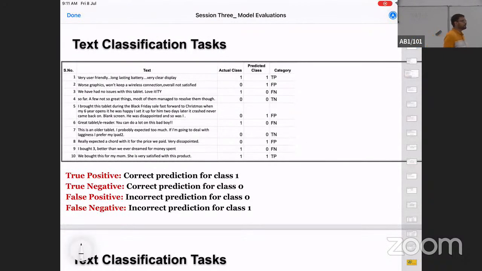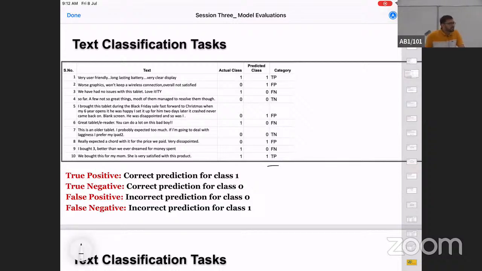Were you told about computing metrics like precision, recall, accuracy, F scores? Okay, so what will be the precision here, given these values? What is the formula of the precision?